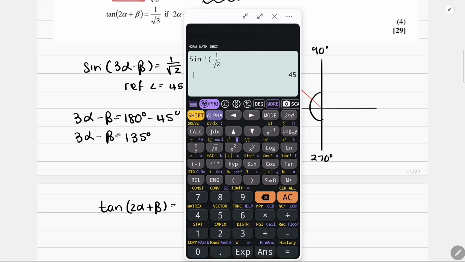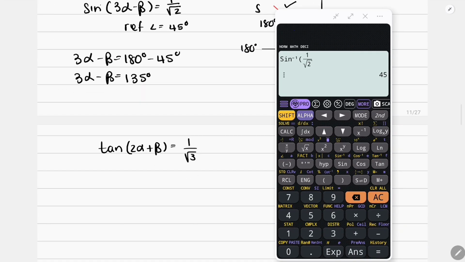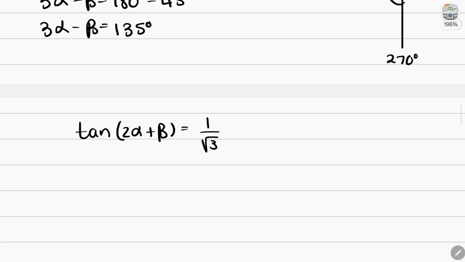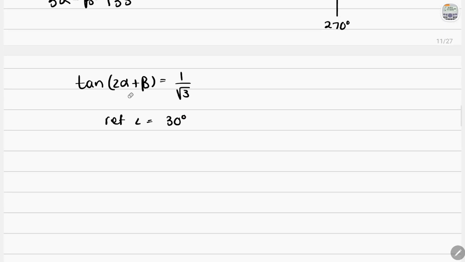Okay, let me just find that reference angle here. The reference angle is arc tan of 1 over root 3. So that's 30 degrees. With 30 degrees, we're saying that the reference angle is equal to 30 degrees. That doesn't mean that's what this angle is.